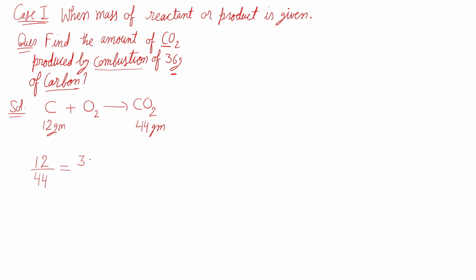Now simply we are using ratio and proportion. 36 gram of carbon is reacting there. So what is the amount of CO2? We are assuming it is X, okay? So now we have to find only this X term.